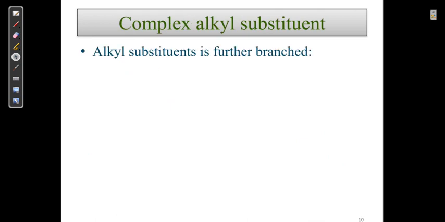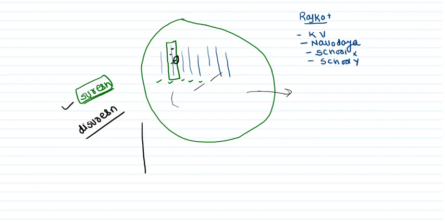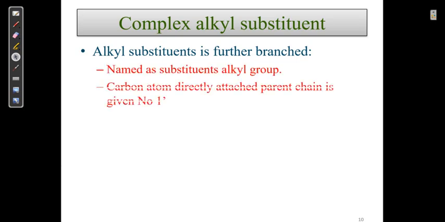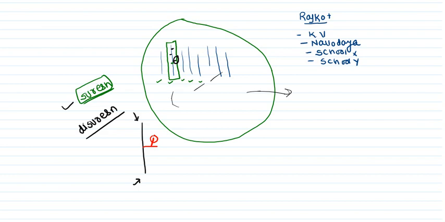So in case of complex alkyl substituents, it means if you are going to search for the student here, you enter from this, and if there is a branch, again there is a branch, so the chances of the student hiding here are more. So in this case, you have to write the name in a bracket and give a number from this position.